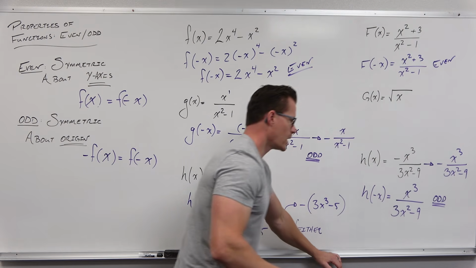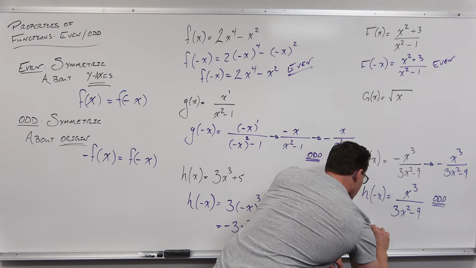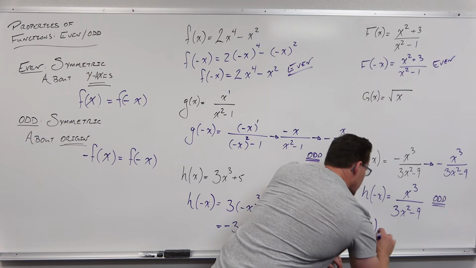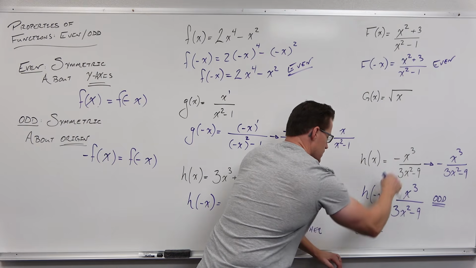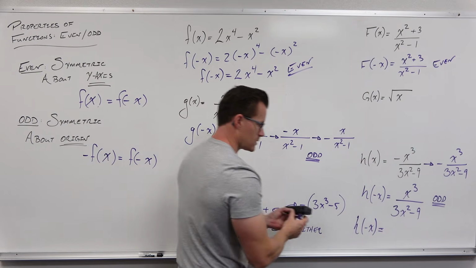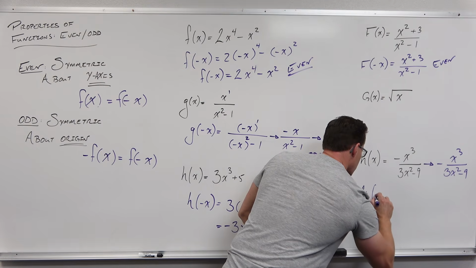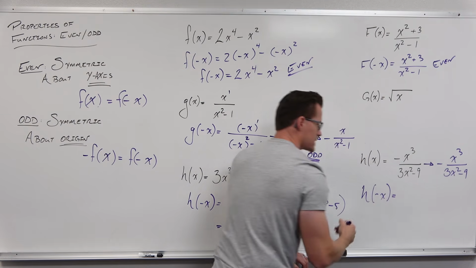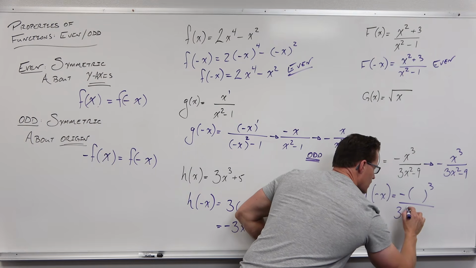If you need to see it another way or you want to show some more work, we'd have to show that we'd be plugging in this to here. I'm going to erase this for a second. I'm going to do it that way. We'd say, all right, I know that I'm replacing x with negative x.